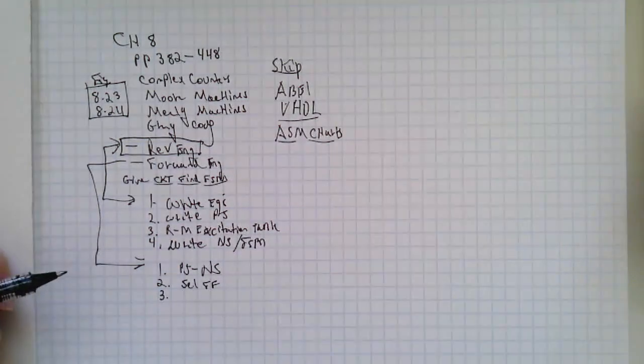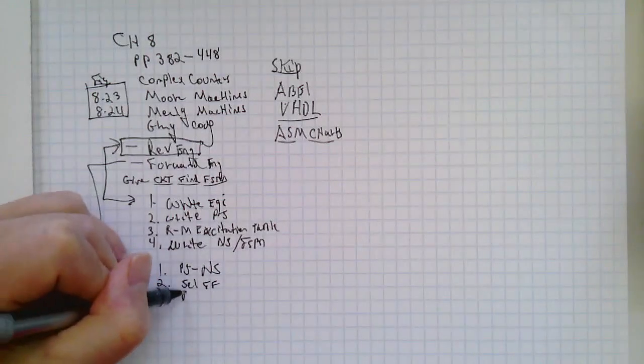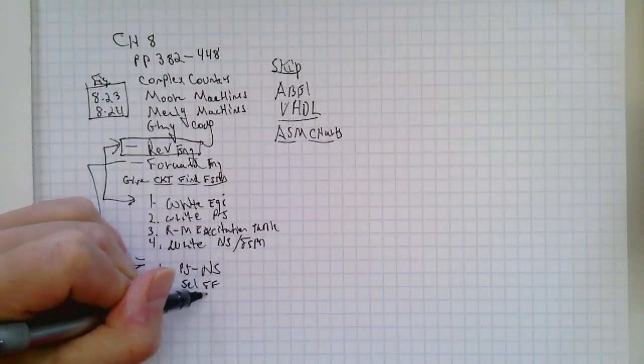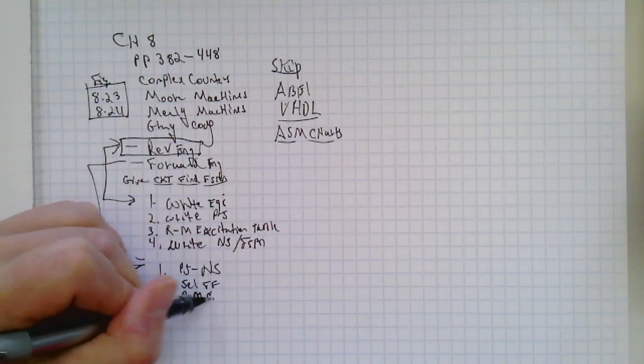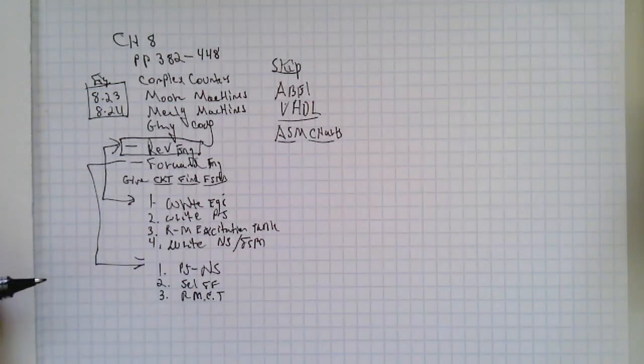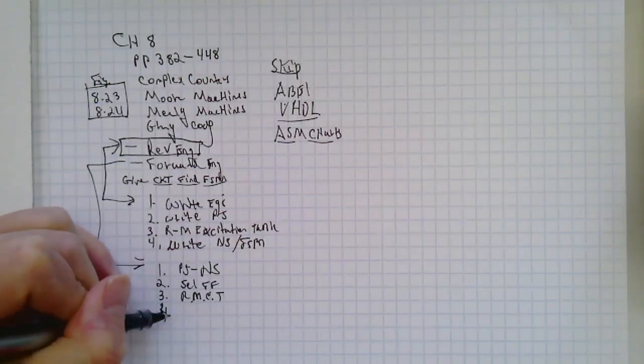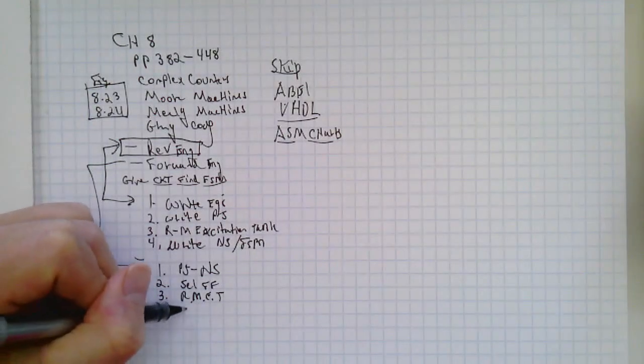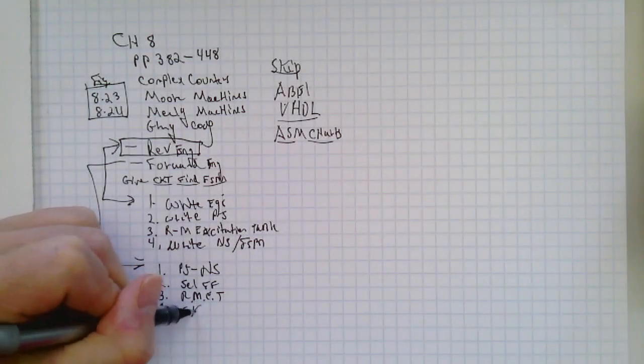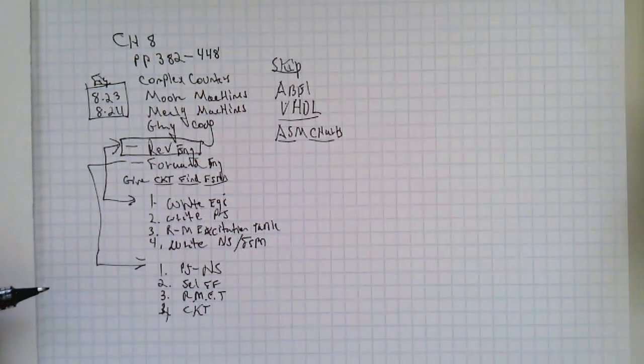Then write the remapped excitation table, RMET. And then you want to have the circuit, perhaps from K-maps. That'll give you your implementation.